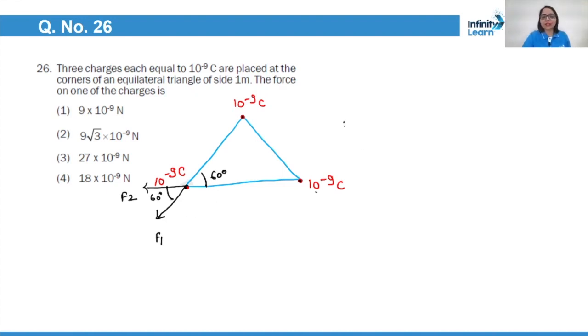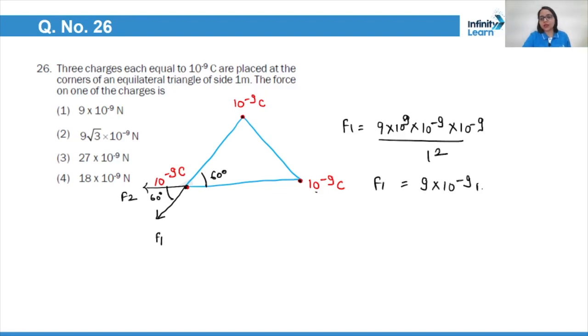Now what is the magnitude of F1? It is k Q1 Q2 upon r square. K is 9 into 10 power 9. Q1 is 10 power minus 9. Q2 is 10 power minus 9, divided by r square, which is 1 square. So we have force F1 as 9 into 10 power minus 9 Newton. Similarly, F2 is 9 into 10 power minus 9 Newton.